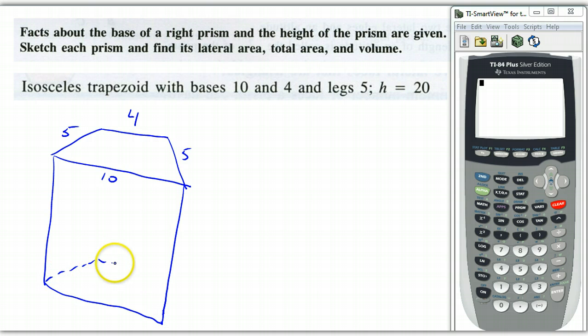So I'm going to sketch this trapezoid prism here. Okay, and the height is 20.